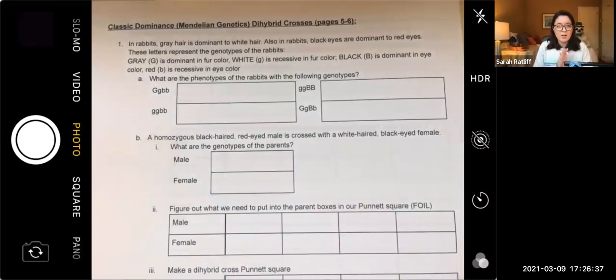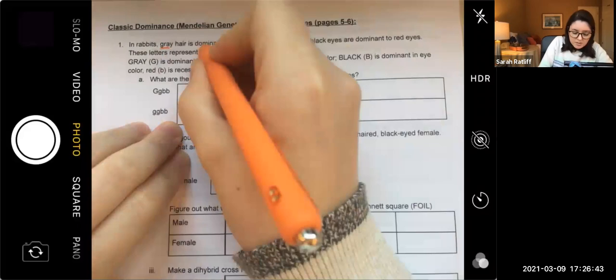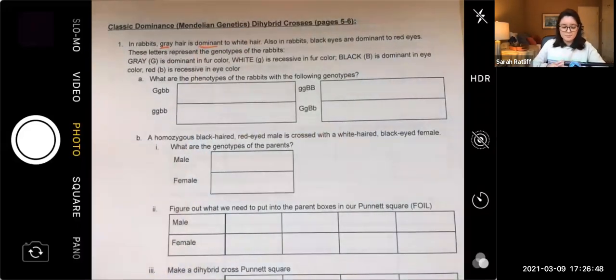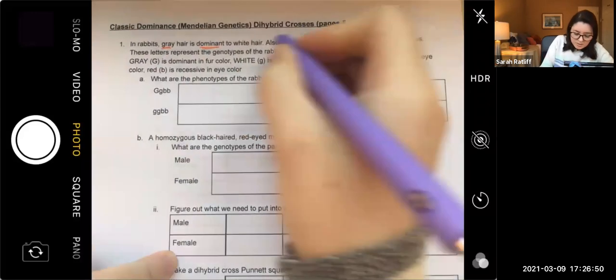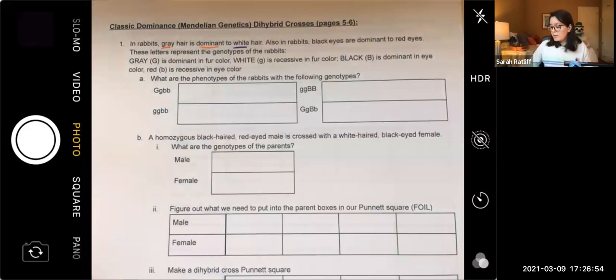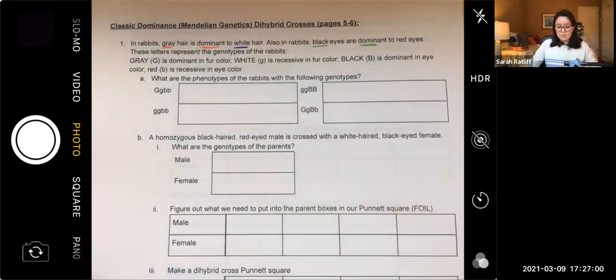In rabbits, gray hair is dominant. All right, so I'm going to get out my colors here. Gray hair is dominant to, let's use some purple, white hair. Also in rabbits, we're going to use even more colors. Black eyes are dominant to, let's use red eyes.